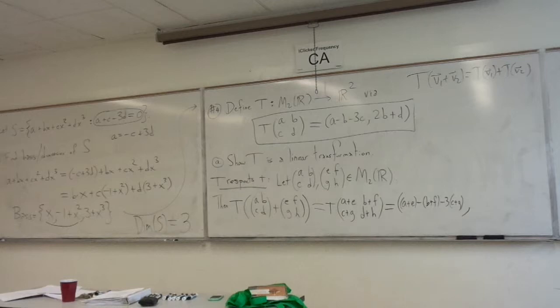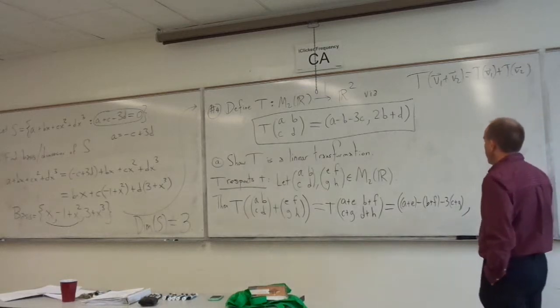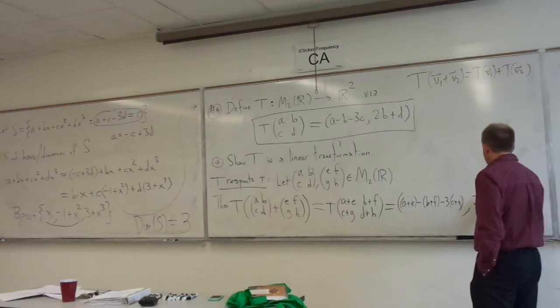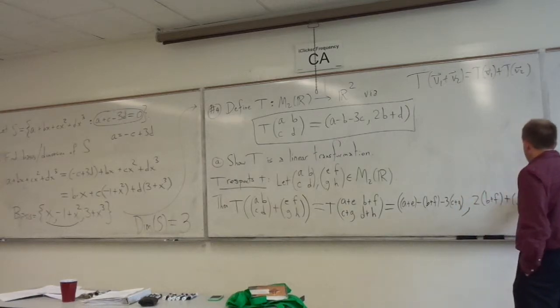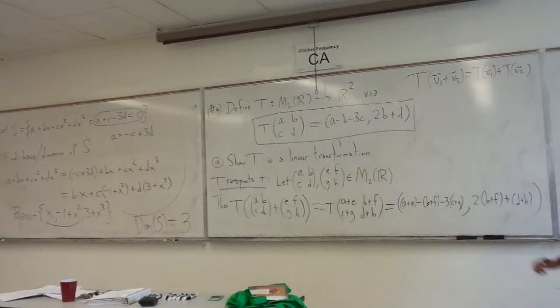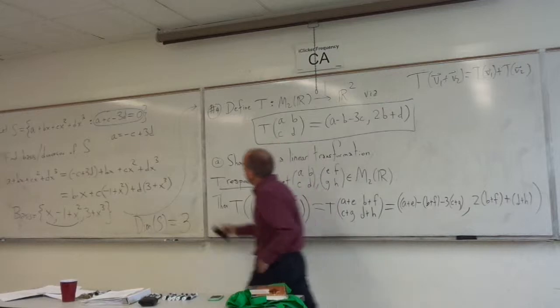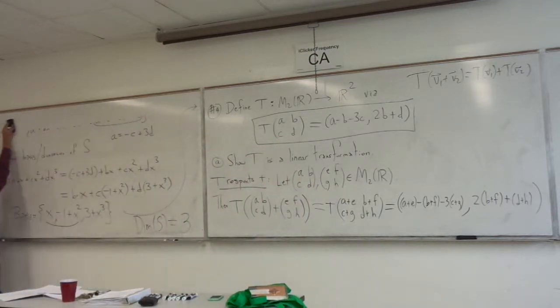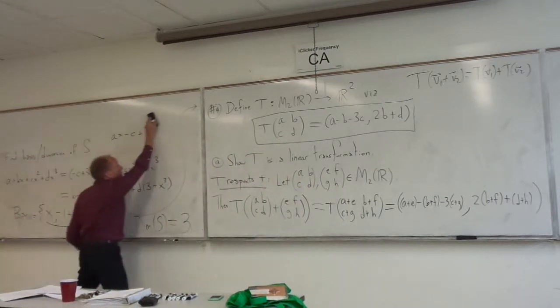Then the second slot is 2 times the upper right, which is B plus F, plus the lower right, which is D plus H. That's quite a bit of letters to push around, but let's see if we can get it organized.